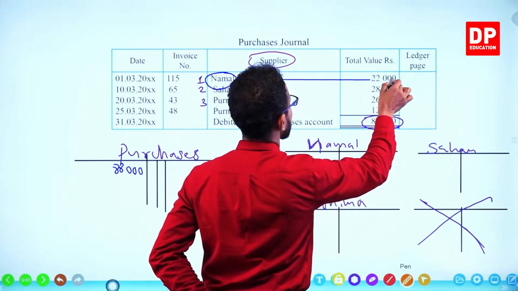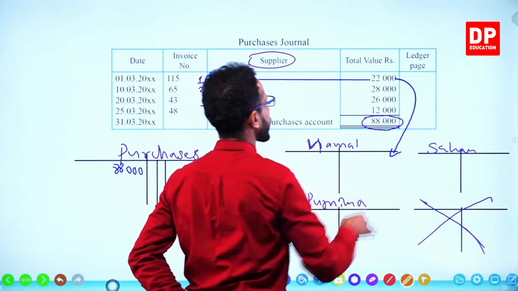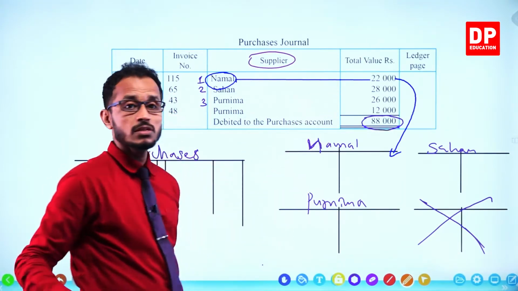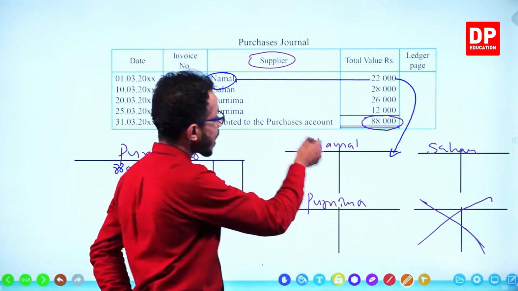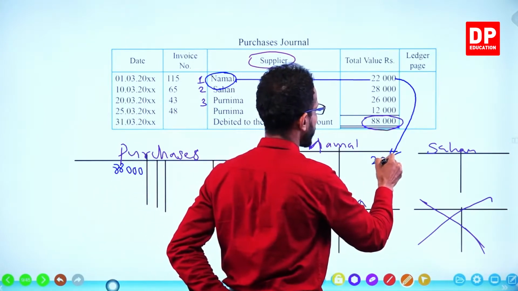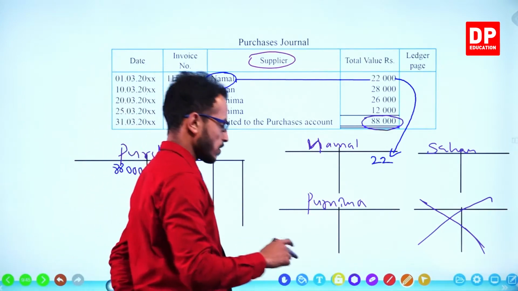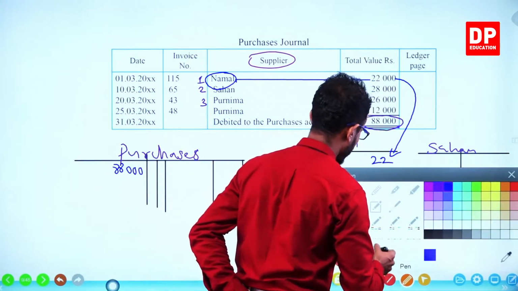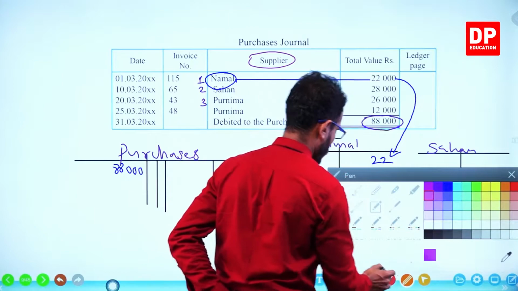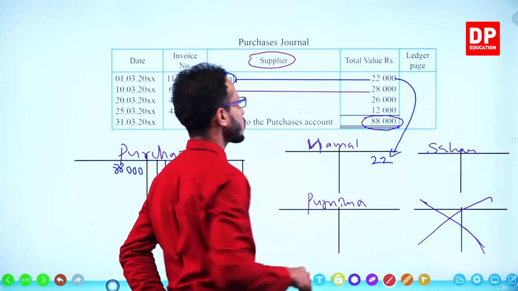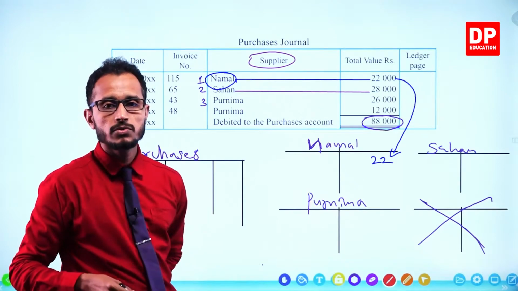Likewise, 22,000, Namal's amount, in Namal's account, credit side. Oh yeah, this is what we did. It's so good of you to remember.